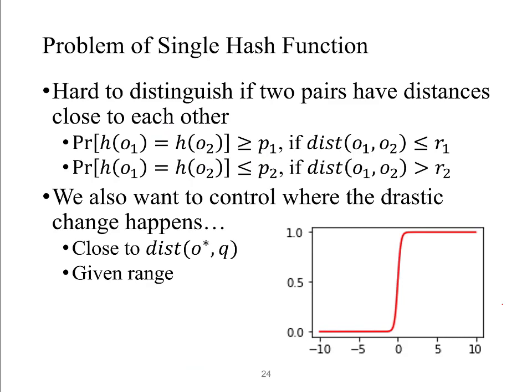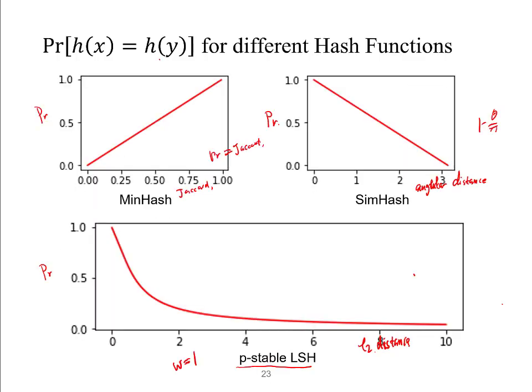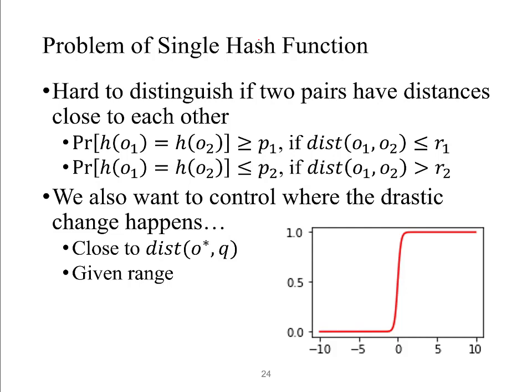Now, as you can see, with a single hash function and this probability plotted like this, there are some problems. The main problem is that it is hard to distinguish two pairs that have distances close to each other. Remember, this is what we want to have.